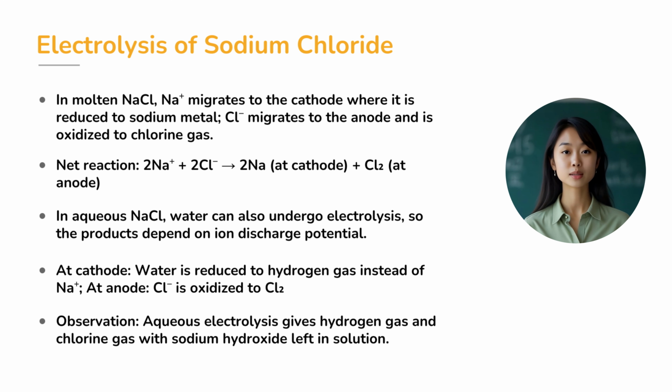Water also participates in the electrolysis. At the cathode, instead of sodium ions, water molecules get reduced, forming hydrogen gas. At the anode, chloride ions still get oxidized to chlorine gas. So, the final products of aqueous sodium chloride electrolysis are hydrogen gas, chlorine gas, and sodium hydroxide left in the solution, a process widely used in the chloralkali industry.